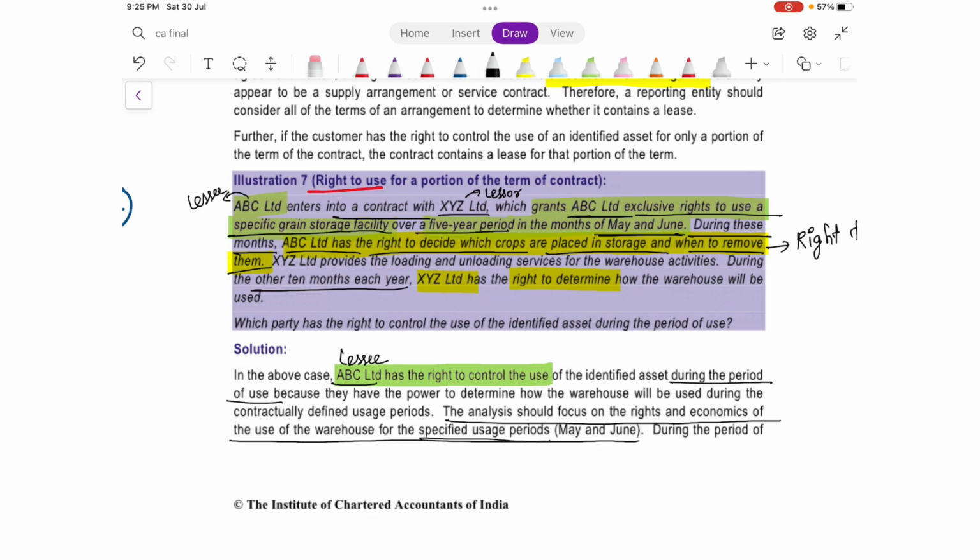During the other 10 months of the year, XYZ Limited has the right to determine how the warehouse will be used. In the remaining 10 months, XYZ, the lessor, only has the right to determine how to use it; the lessee does not have any right. So here, which party has the right to control the use?